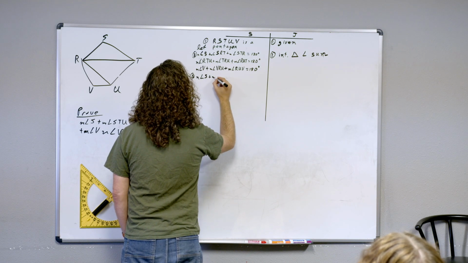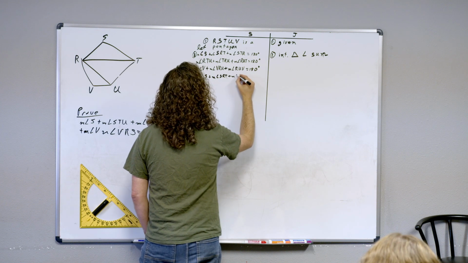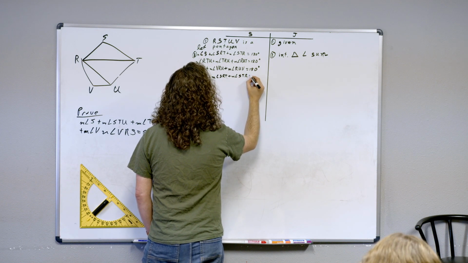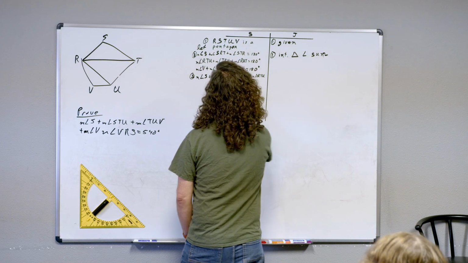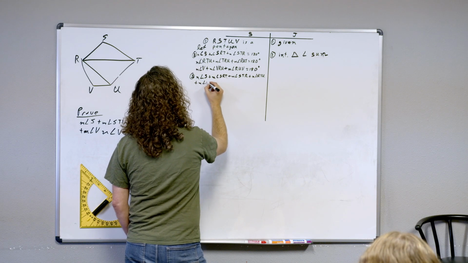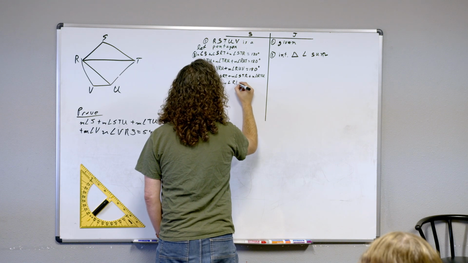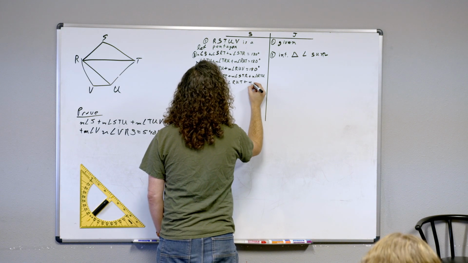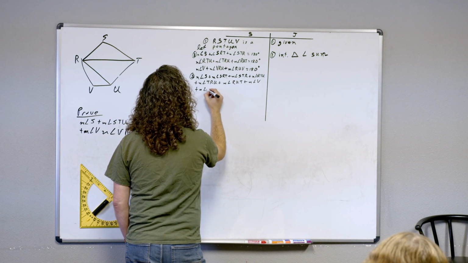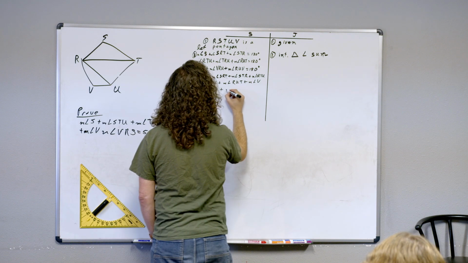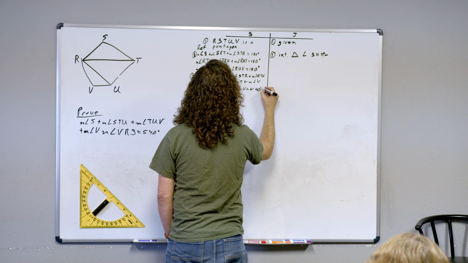So plus the measure of angle SRT plus the measure of angle STR plus the measure of angle RTU plus the measure of angle TRU plus the measure of angle RUT plus the measure of angle V plus the measure of angle VRU plus the measure of angle RUV equals 540 degrees.